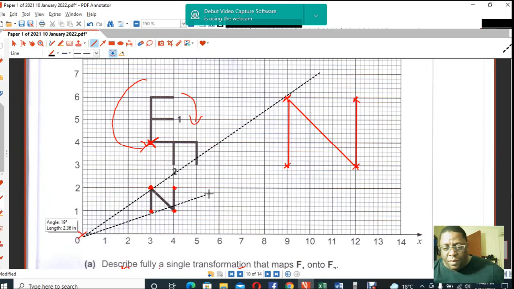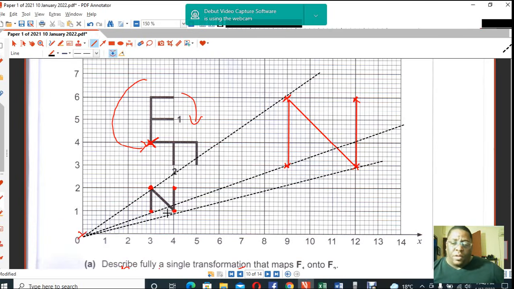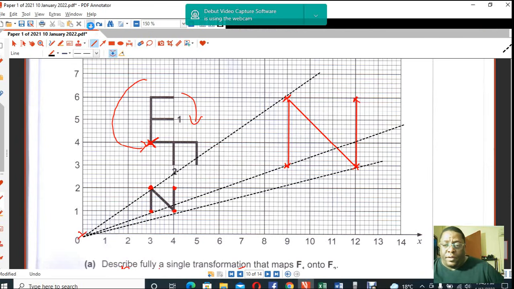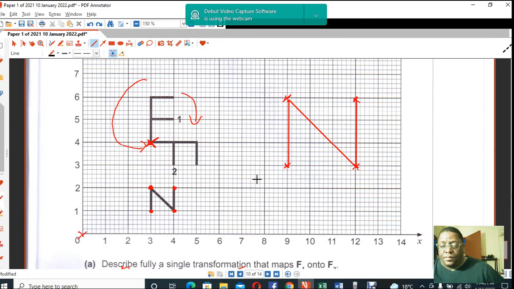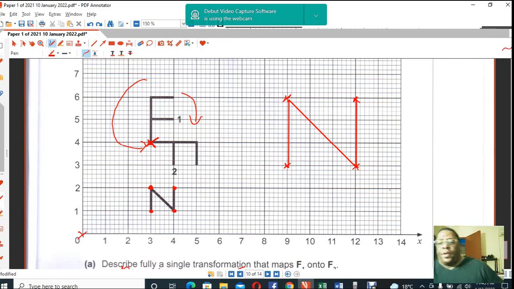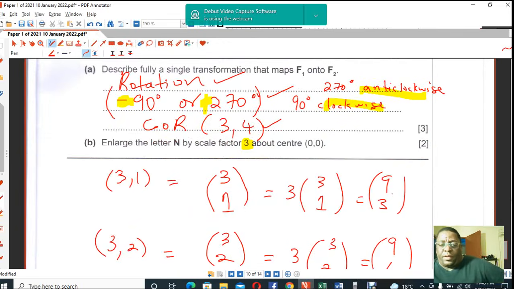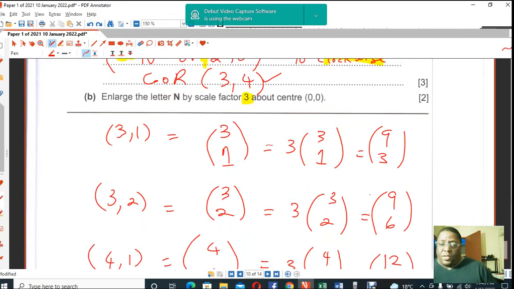If I do the same for this one, for example, it's going to pass. And a lot of students do that. It's going to pass. Well, and so does the other one there. It's all going to pass. Right, you can draw those lines and you can find your image. Okay, that's also one way of doing it. But I like to work with vectors. Good. That takes care of that particular question.